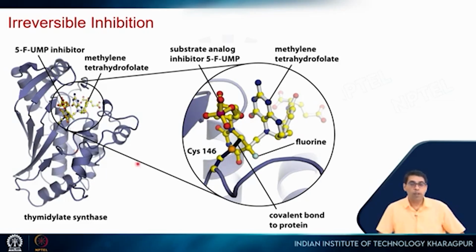That is why these are called irreversible inhibitors, because they go to the active site, use the same reaction mechanism as the enzyme uses, and form a covalent bond. Once this covalent bond is formed, no further reaction happens, right. And since no further reaction happens, this inhibitor is permanently bound to the enzyme active site.